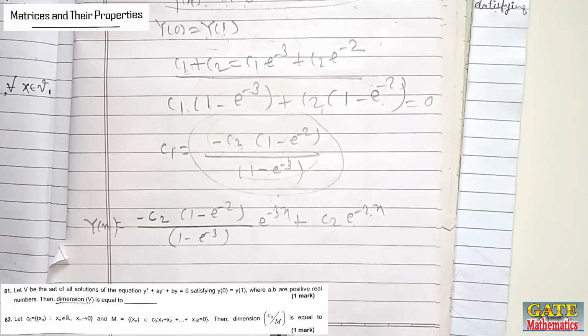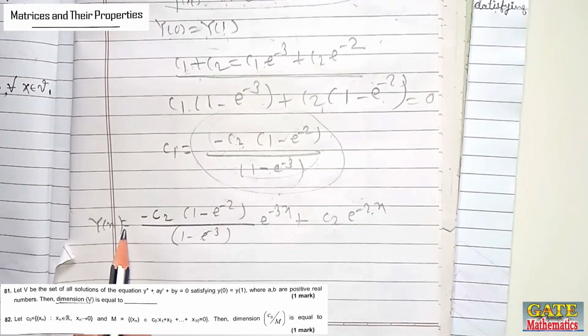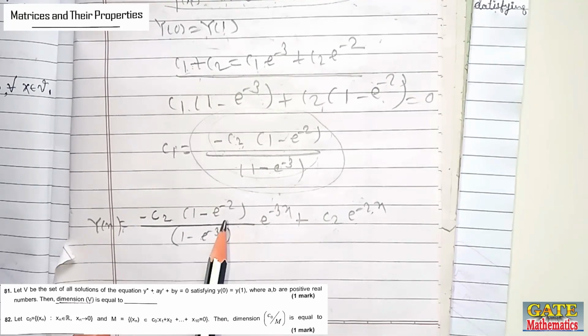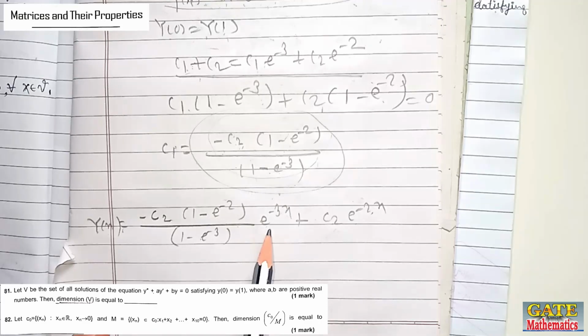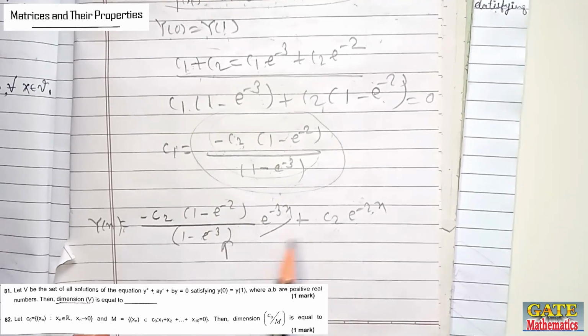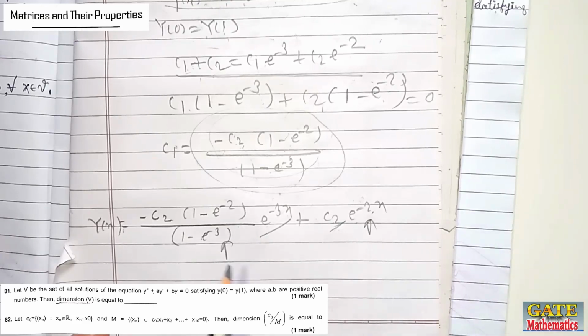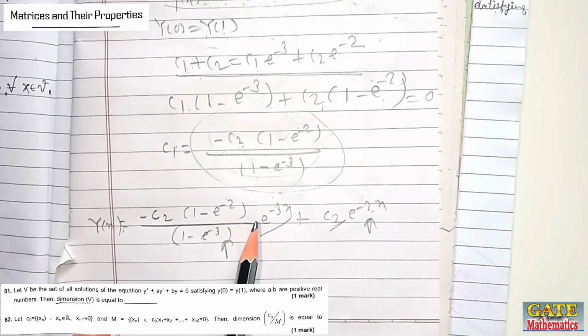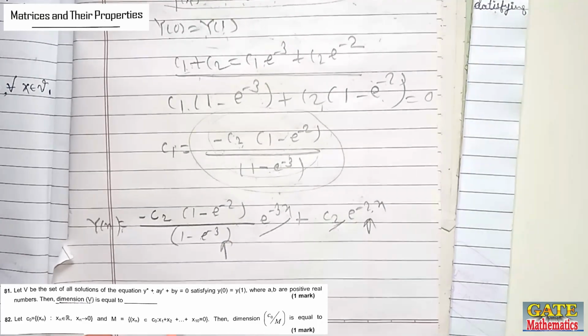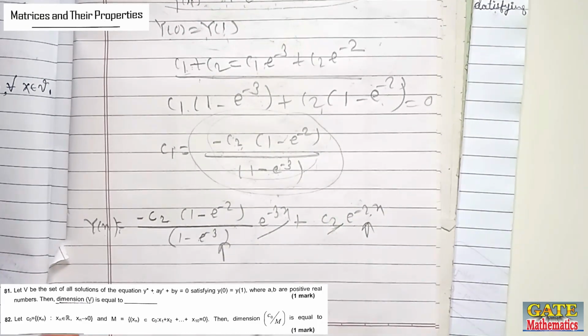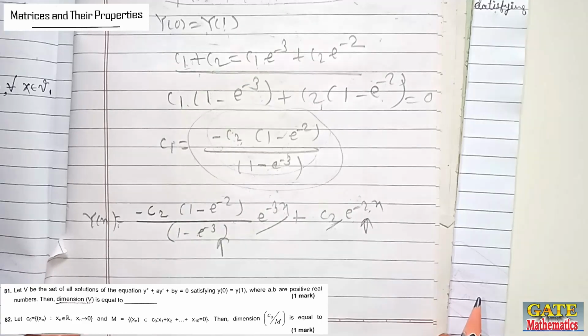Now we can write y of x as a linear combination of basis functions. The first basis is e to the power minus 3x and the second basis is this other term. That means we can write y of x as a spanning set, a linear combination of the basis. For finding a basis from polynomials, I already explained in my previous lecture.